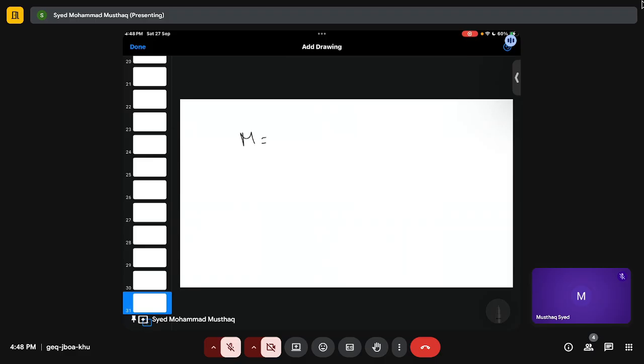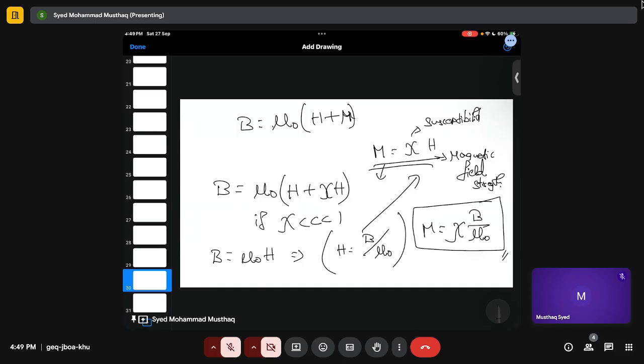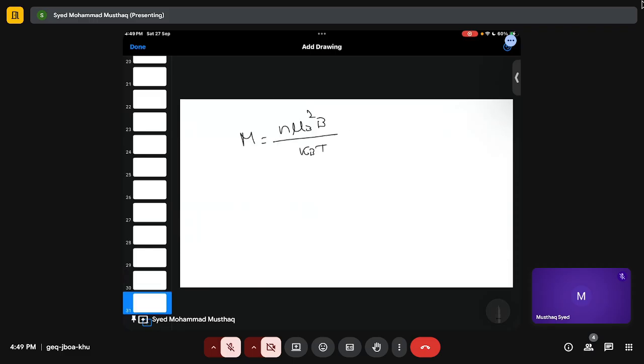Then coming to M, it will be equal to n mu B squared upon kBT times B. Right, so if I insert this here, then magnetization will be susceptibility times B by mu naught.